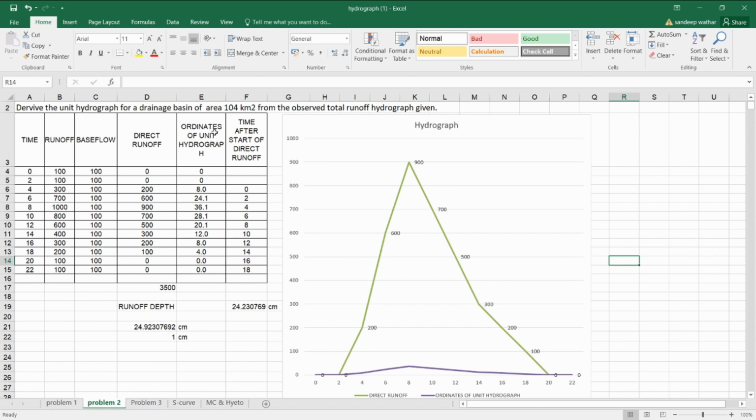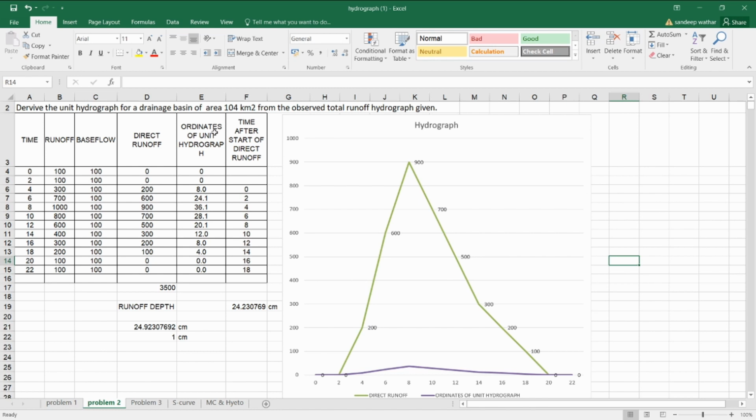So a unit hydrograph is basically, if there is 1 centimeter of excess rainfall, effective rainfall, that has happened over the entire catchment area, the resulting ordinates of the hydrograph are represented by the unit hydrograph. A unit hydrograph represents a unit effective rainfall, that is 1 centimeter, 1 mm, or anything that you consider.